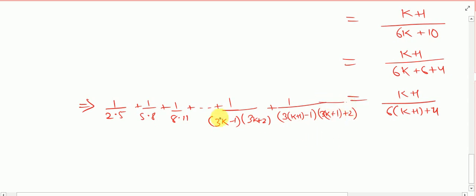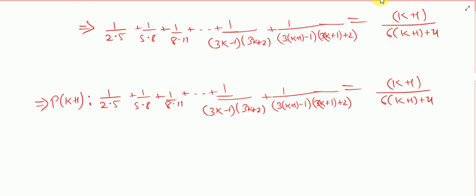So we got this equal to this. I can put this in bracket. So now you can see that this is your statement pk plus 1.